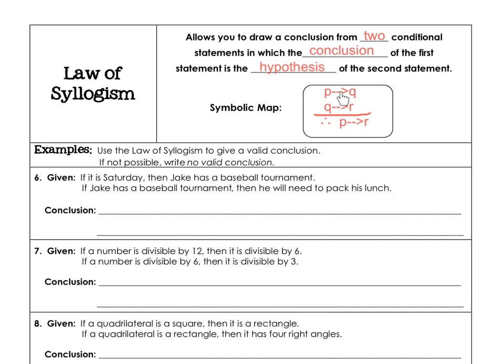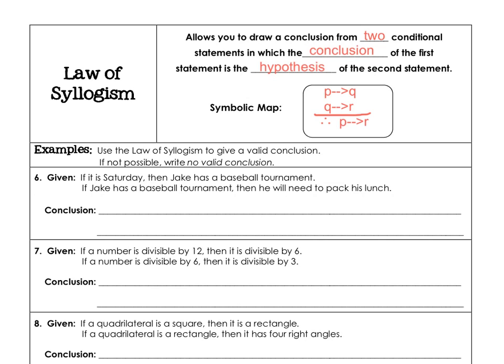And then this conclusion becomes the hypothesis of the second conditional. So Q implies R. Therefore, we can draw the conclusion that P implies R because these two items are identical. The conclusion of the first is identical to the hypothesis of the second. So basically, we are striking out the Q's.